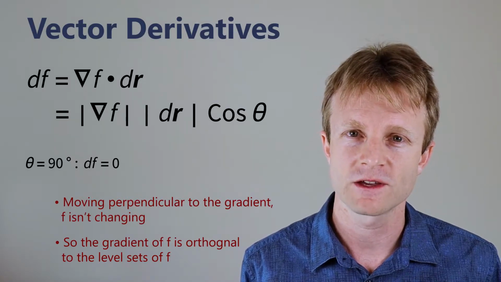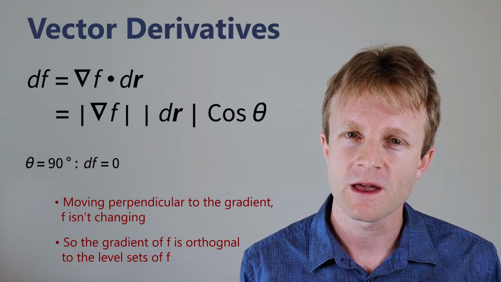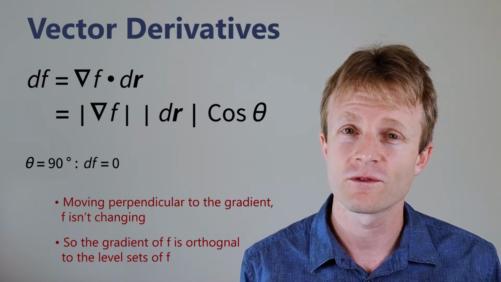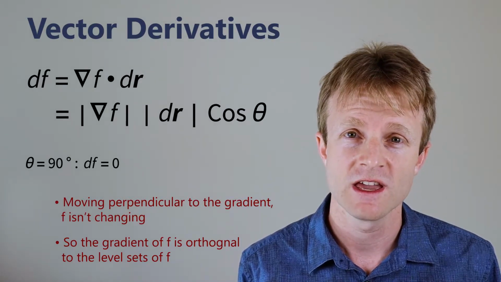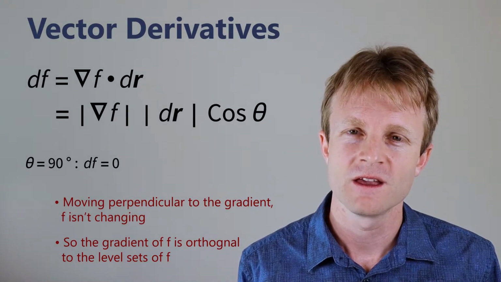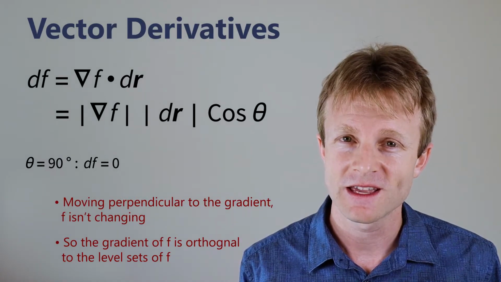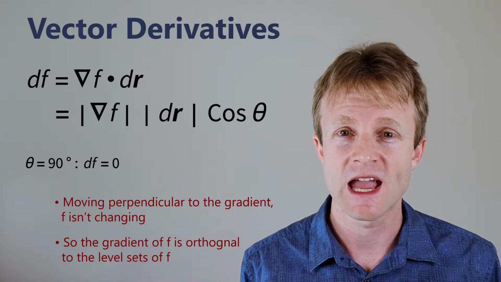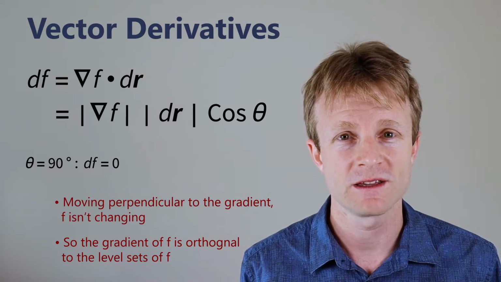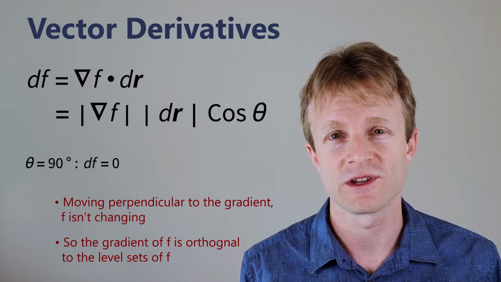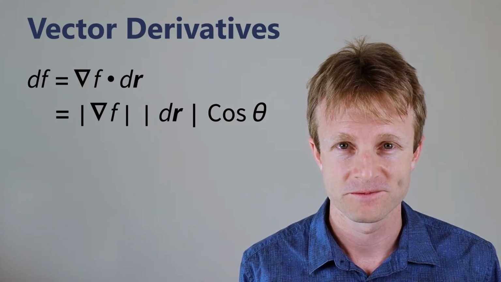If you have any function, and you think about the subset of 3-dimensional space over which that function doesn't change, that's called a level set. So this means that the gradient is actually perpendicular to the level sets, because when you're 90 degrees away from the way the gradient points, you move in a direction in which f doesn't change.